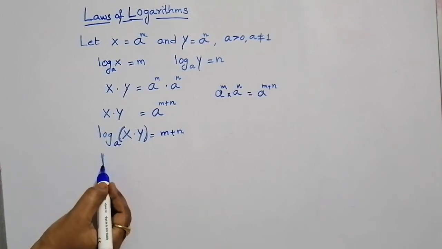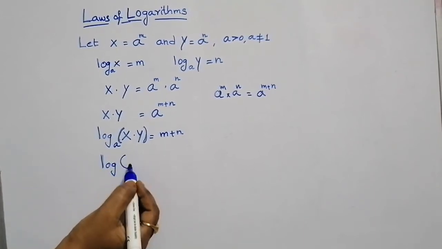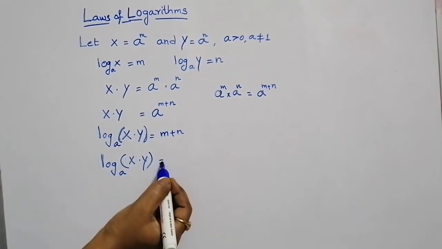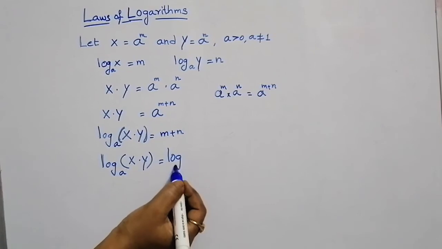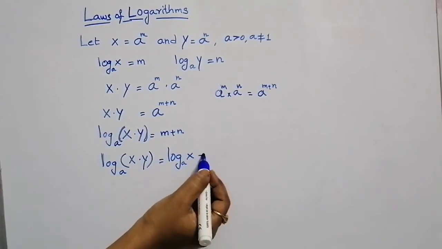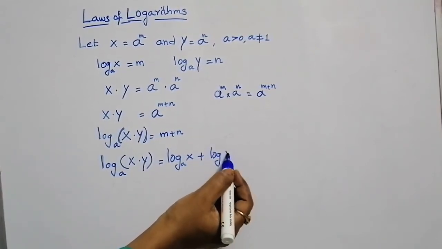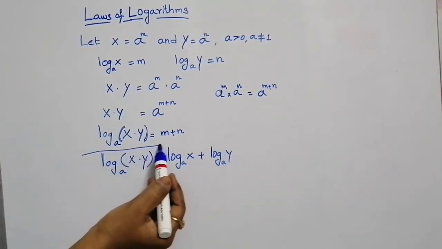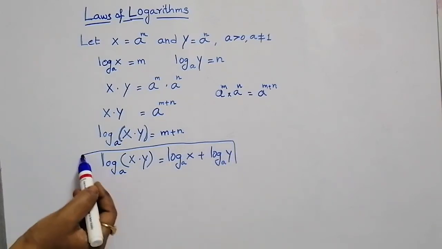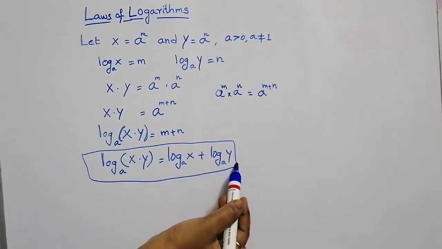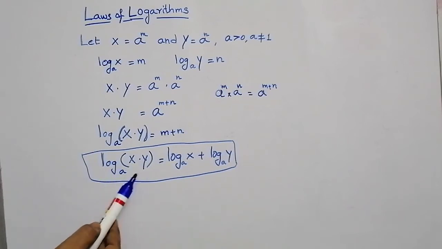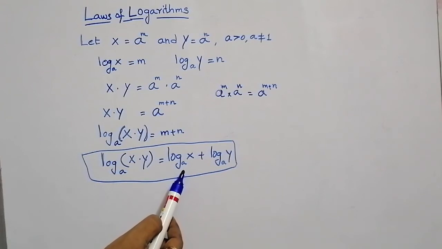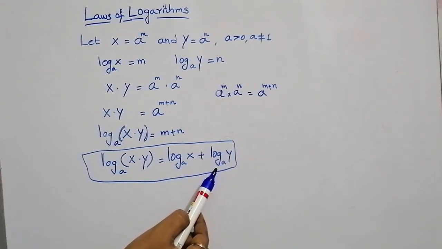In the left hand side we have log of x into y to the base a is equal to log x to the base a plus log y to the base a. This is our first property of logarithms.